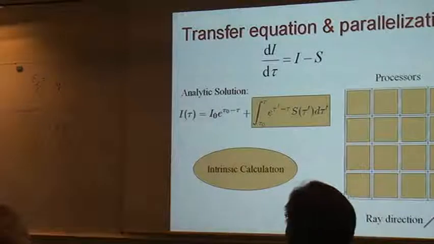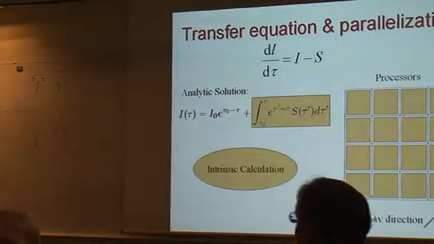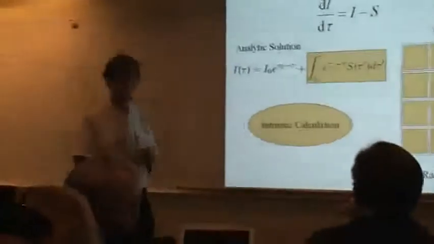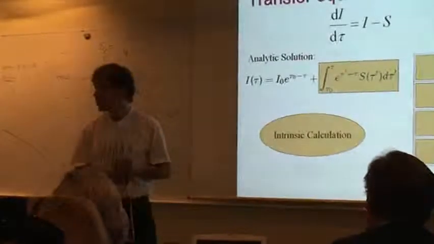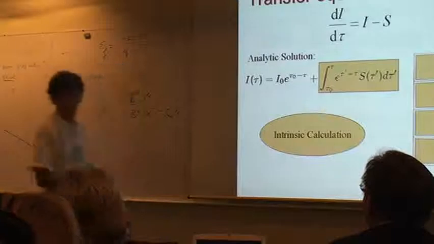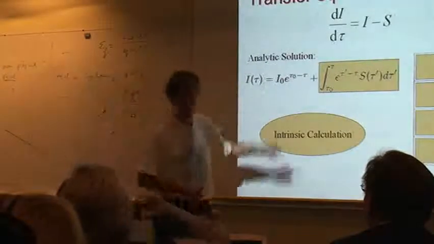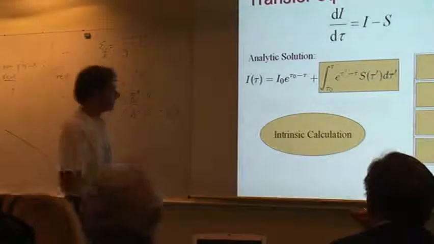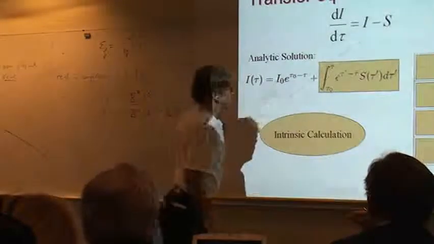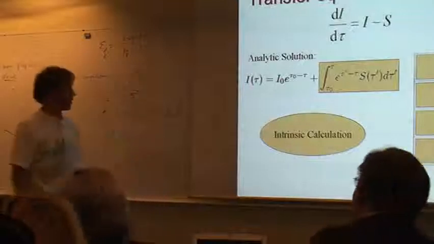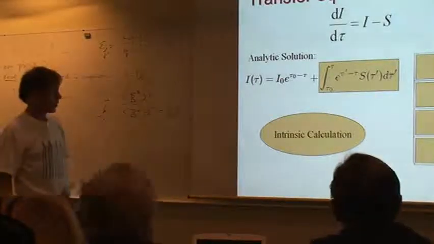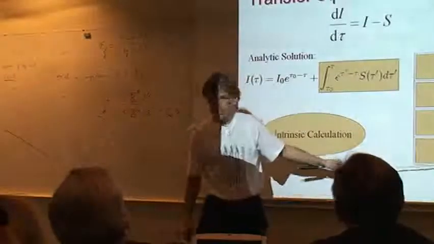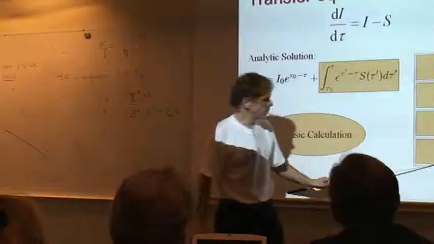Radiation transport is a non-local problem. Can it possibly be parallelized if it's intrinsically non-local? You want to solve the radiation transport equation, in Cartesian geometry. What you could think of doing is you have a ray direction, you have a certain amount of light coming in here, and you integrate along the ray.